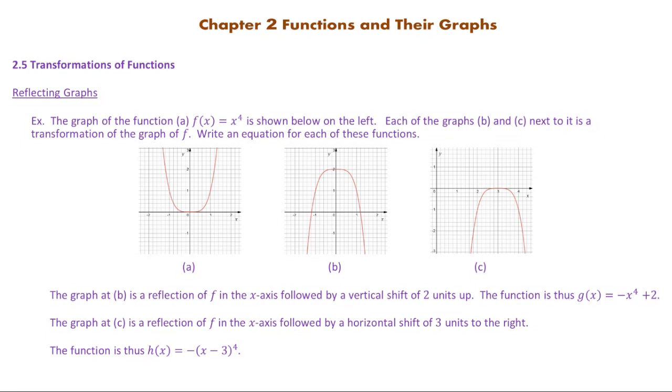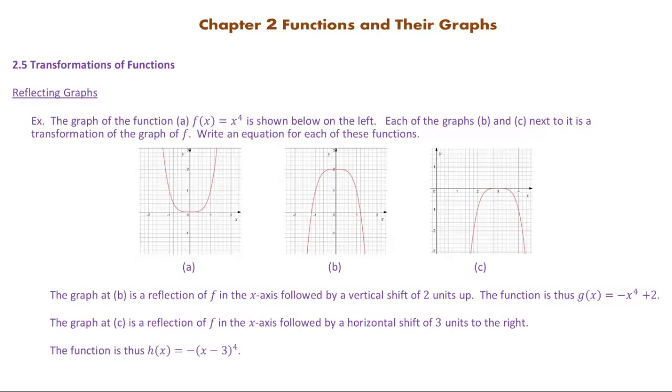So you're going to get what? Negative of x to the fourth as the first step, and then you shift 3 units to the right, so it becomes x minus 3 to the fourth. So that's the negative of x minus 3 to the fourth, and we call it h.